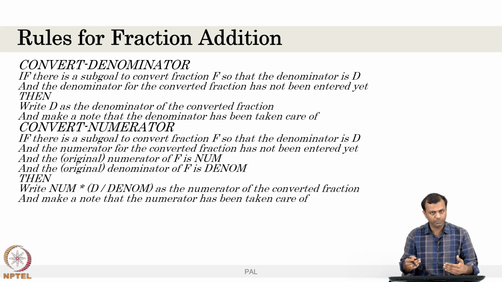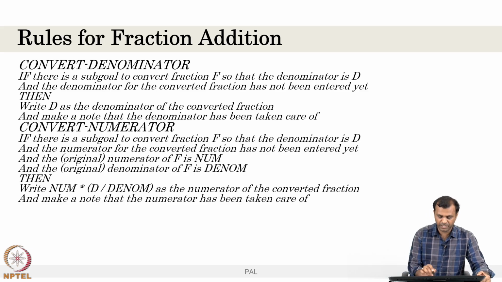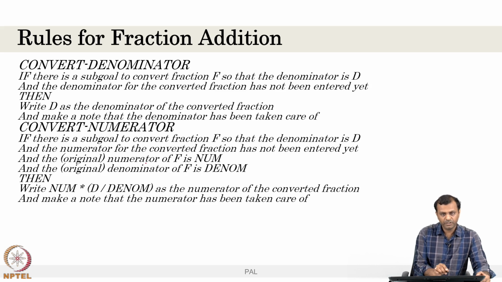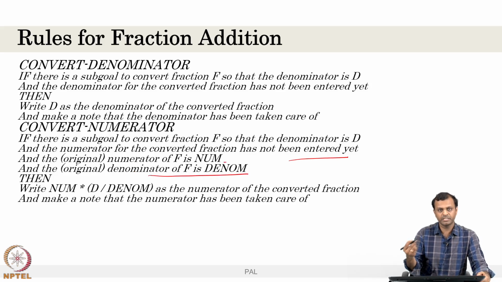Then go to the second sub goal. If the sub goal is to convert a fraction and the denominator is d, you do the same function. If the numerator for the converted fraction has not been entered, then add the original numerator of f, then add the original denominator to the denominator, because f is the fraction, right?